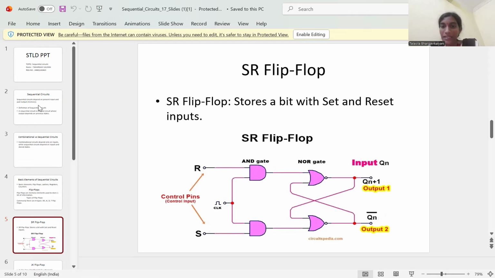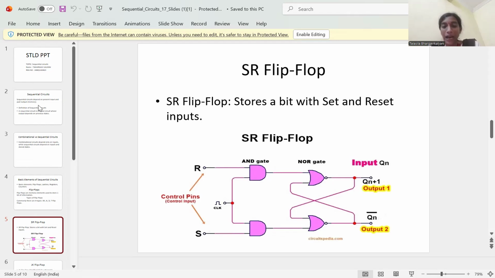When R and S are 0 and Qn is 0, the next state will be 0. And when R, S are 0 and Qn, the present state, is 1, then the next state is also 1. This is called no change or memory state.